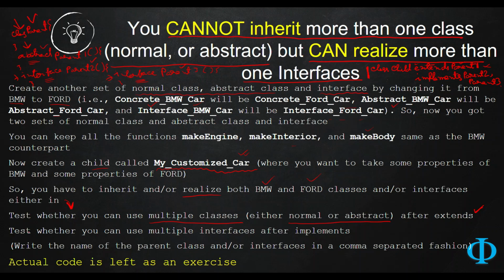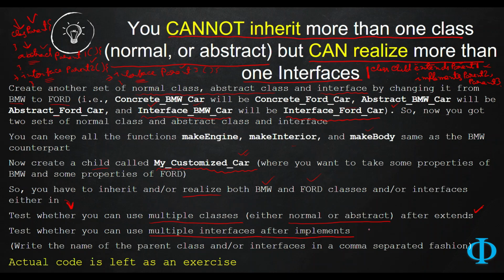After that, test the other thing, whether you can use multiple interfaces after the implements keyword. You can test with two different interfaces, interface BMW car and interface Ford car, after implements, and check whether that gives you an error or not.